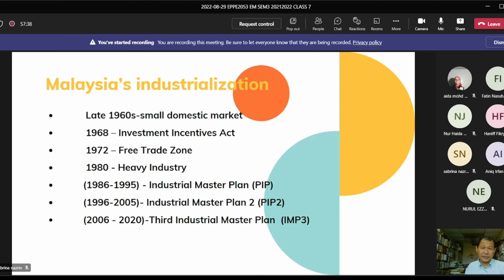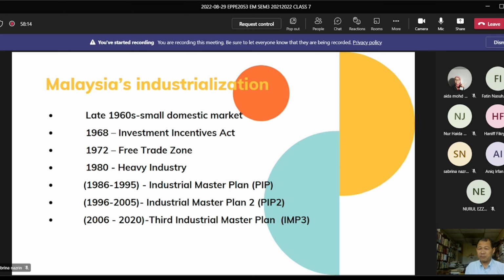Because the acts, the laws will be governing what is being allowed, what is being promoted, to be given incentives and so on. So you must mention first the Pioneer Industries Ordinance 1958, just 1 year after independence, before the formation of Malaysia in 1963.